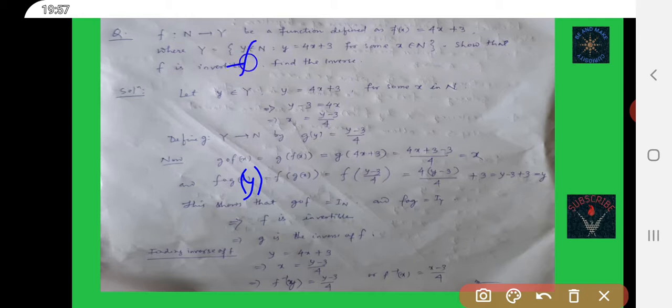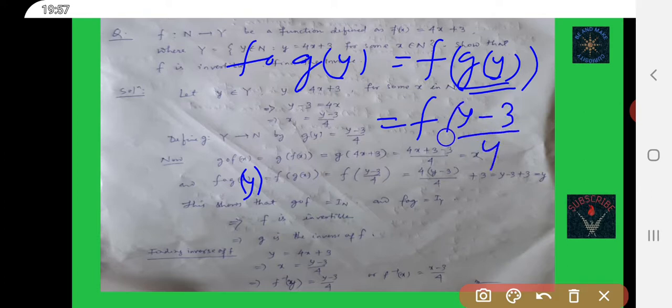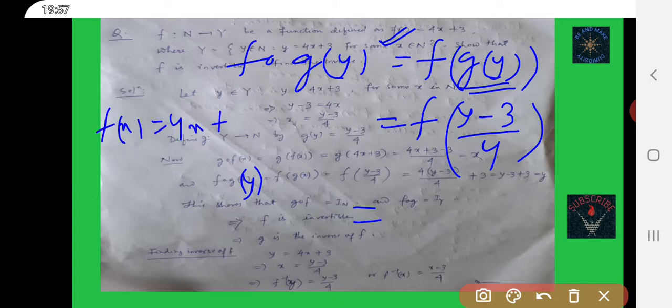So fog of y, you can write f of g of y, and you know g of y is what? (y minus 3) by 4, and f of x is equal to 4x plus 3.